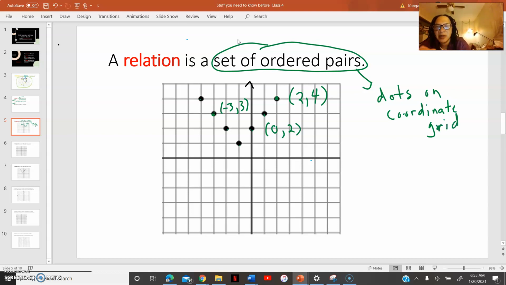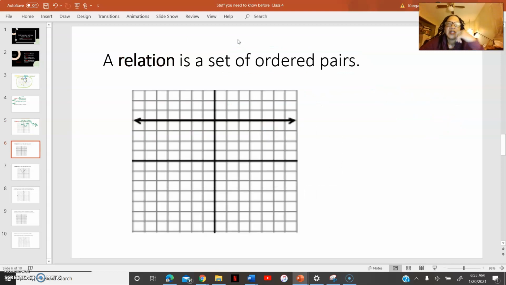All right, let's look at another relation in another disguise. So this is also a relation. How is this a set of ordered pairs? How is this a set of dots? Well, it looks like just one line, but remember, a line, just like our number line, has an infinite number of locations on it.